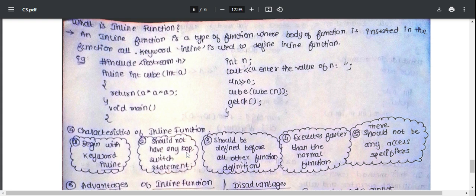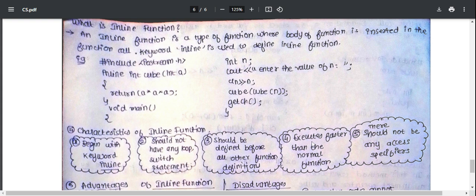And you should not have any loop, meaning you should not be talking to your friends when the teacher comes. Next, it should be defined before all other function definitions. Before talking to your friends, you should come and wish the strict teacher, or he or she will scold you when they enter. If you are still talking, they will scold you. So first you should define them, meaning you should wish them before defining other functions.